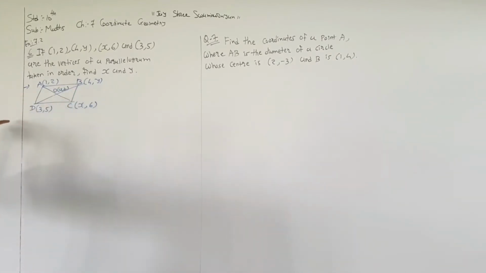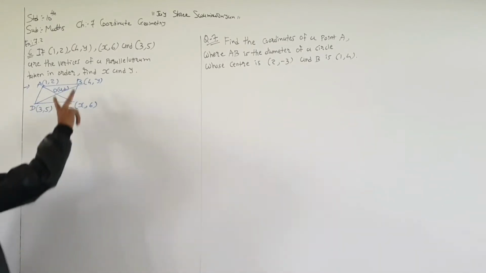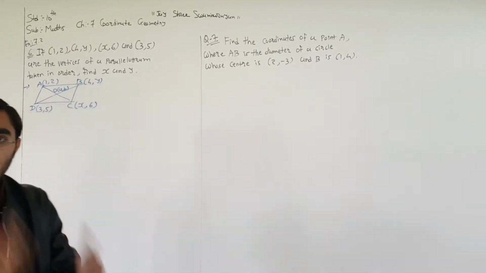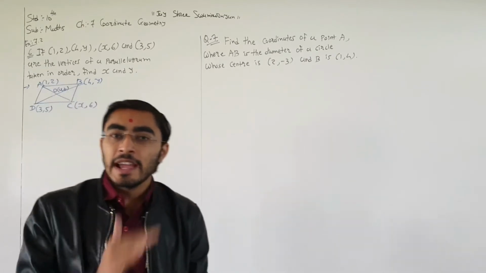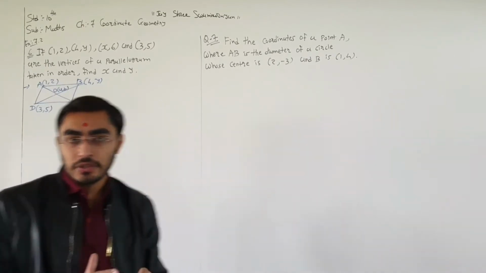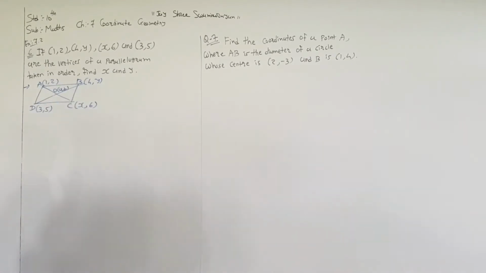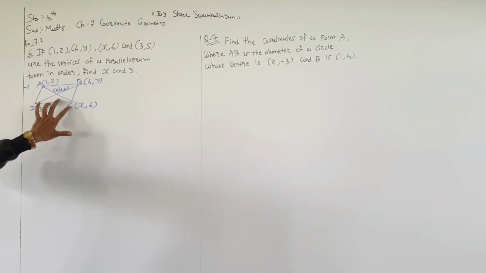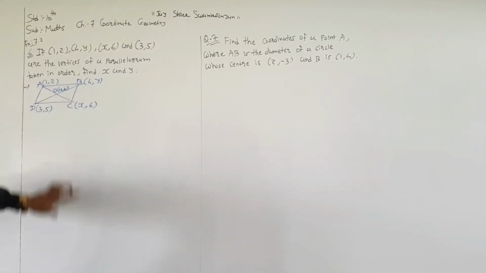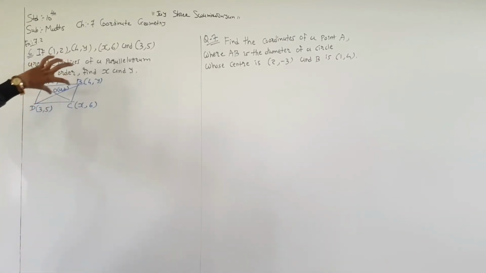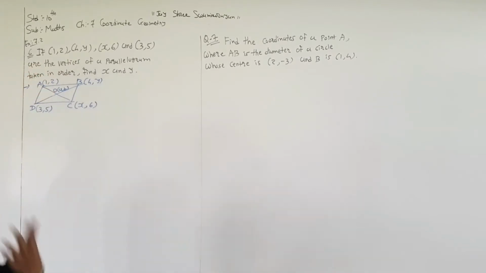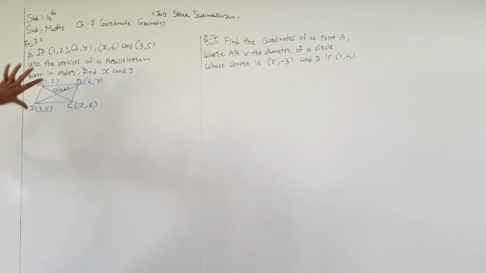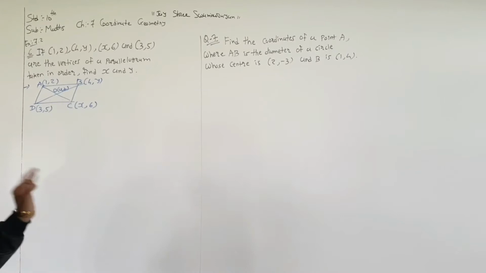Same thing for diagonal BD: O is the midpoint of BD because OB is equal to OD. That is the property of a parallelogram: diagonals bisect each other. So AC is divided into two equal parts, AO equals CO, so O is the midpoint of AC. Then BO equals OD, so O is also the midpoint of BD. That property we need to use.